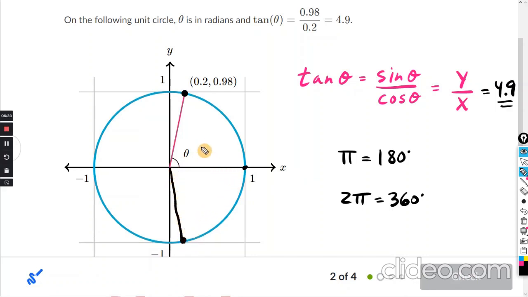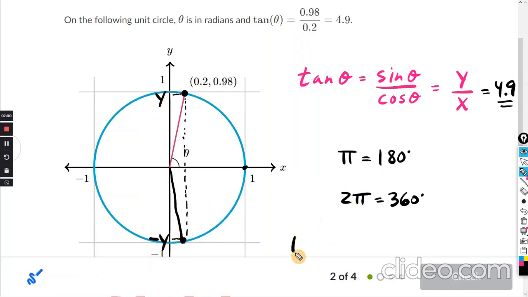We can see that the x-coordinates match. But the y-coordinate is going to be the negative version of the original. See, this is the y-axis and we're down here, so this is the negative version of the original.